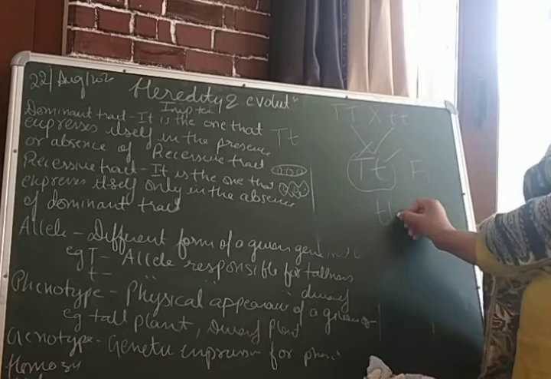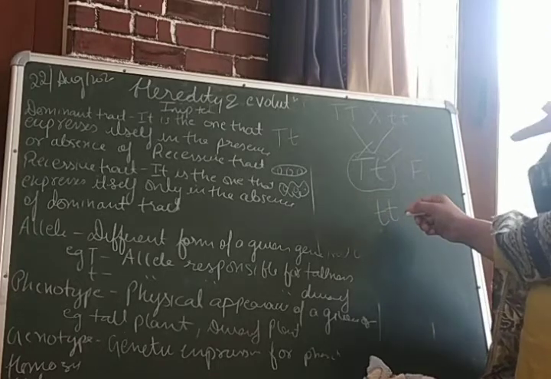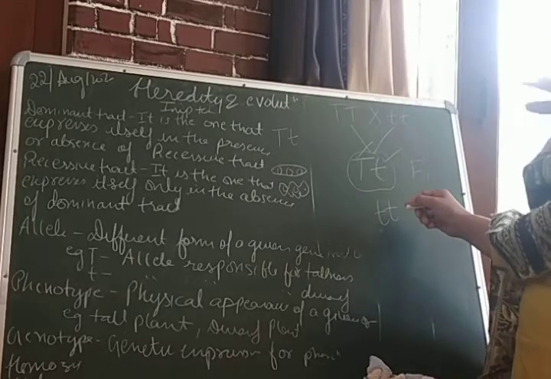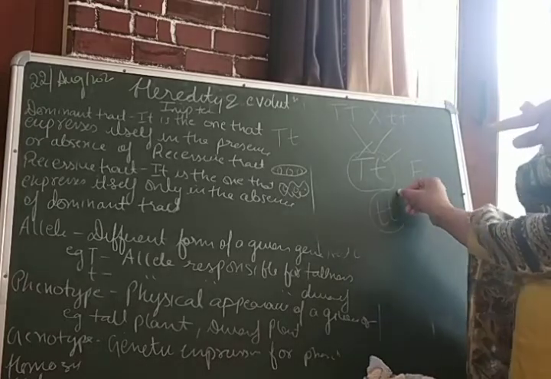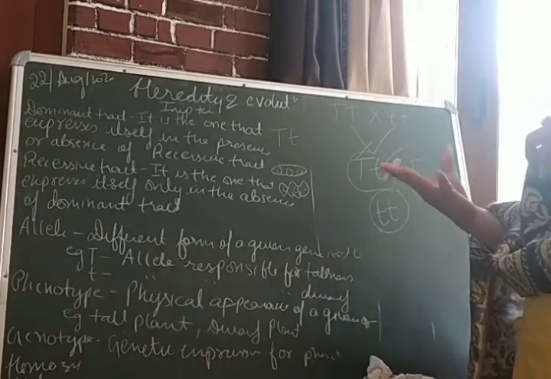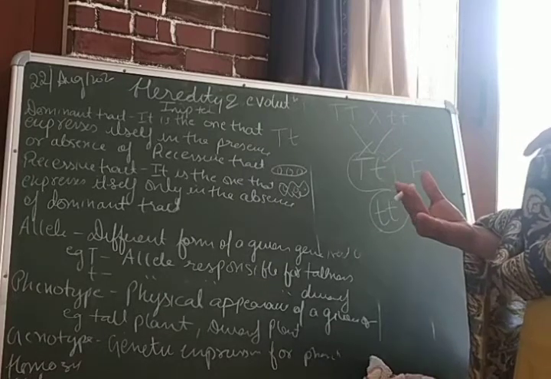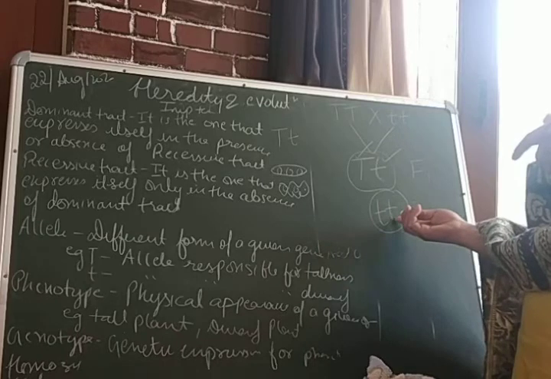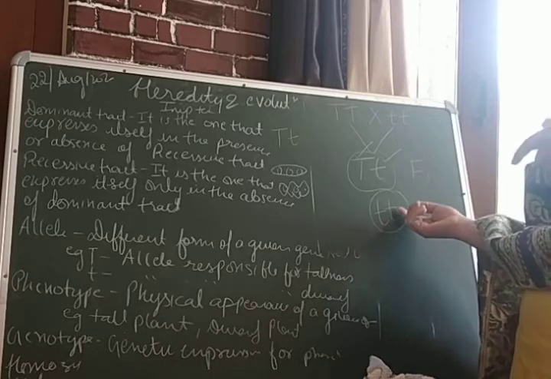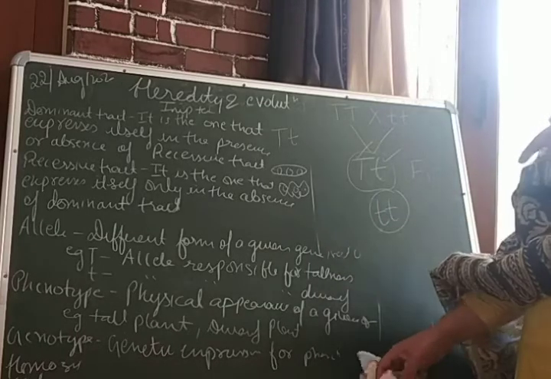It means when both are small t, only then the plant would be dwarf. Recessive traits show their effect only when they are present in the same form, that is the homozygous form. I hope you have got it.